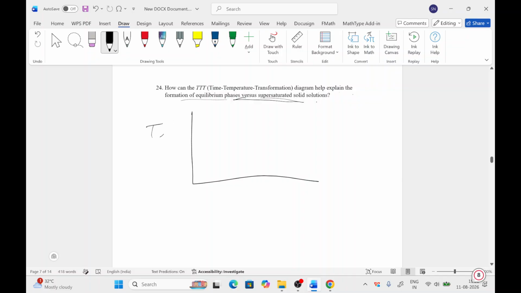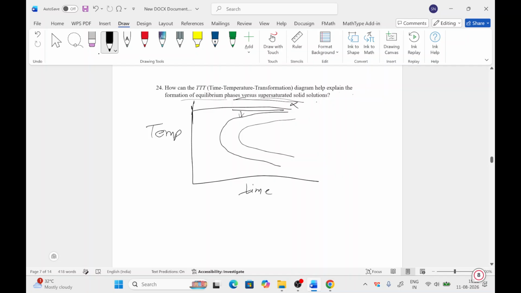This is temperature and this is time. At solutionizing temperature, the complete alpha solid solution is there, and with decreasing temperature, the phase transformation occurs by this curve.